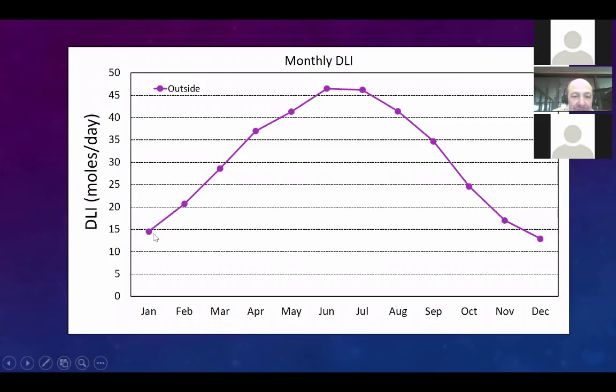And then you get into January and it's also low, but then from February we jump to 22, and then March we're at 29, April 37. So basically over 3 months we've almost tripled the total amount of light available for plant growth. And obviously the plants respond to this with much faster and better growth.